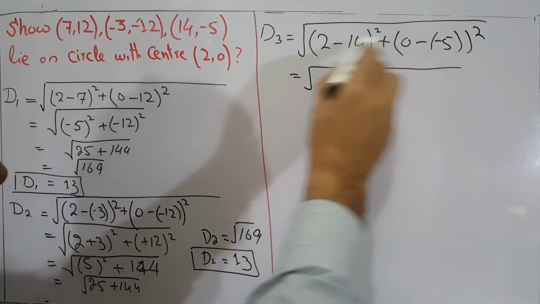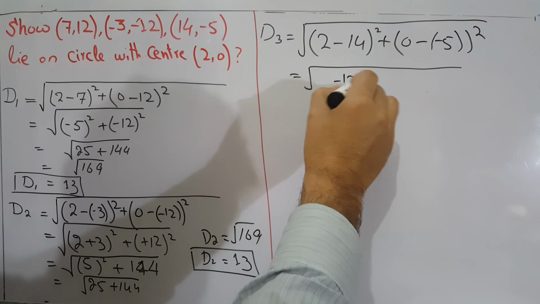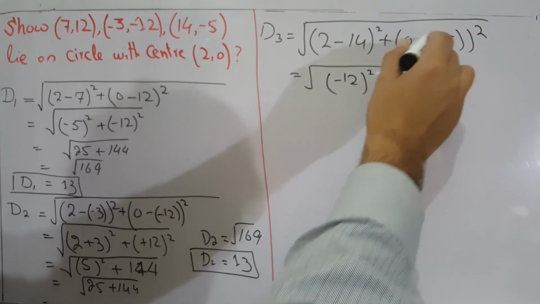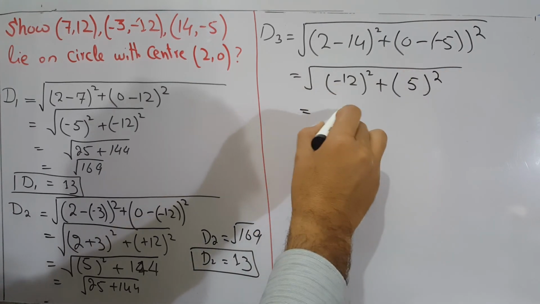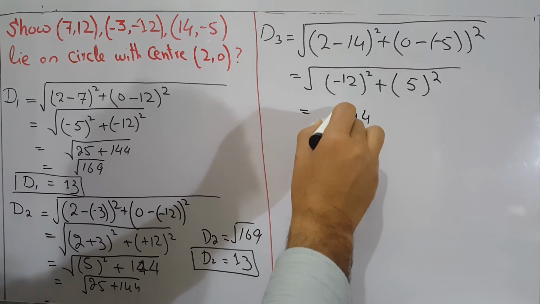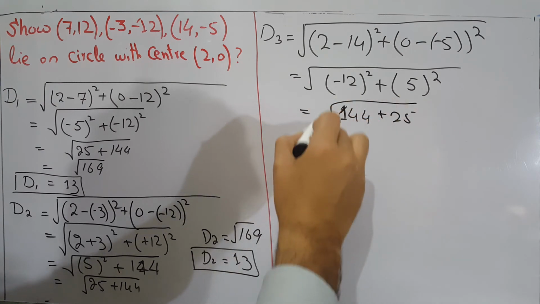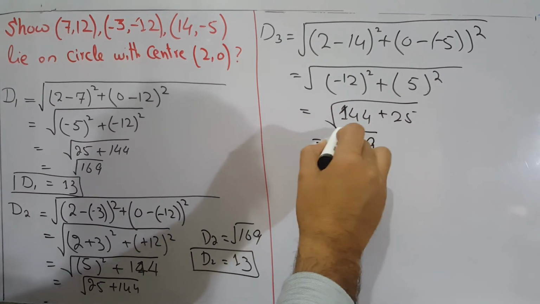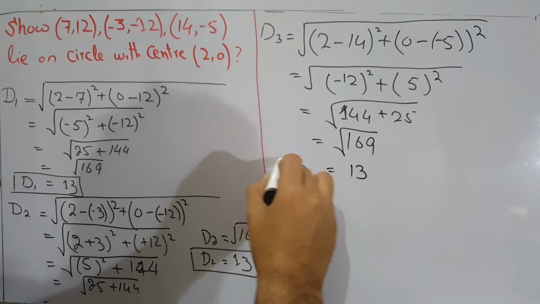You can see that 2 minus 14 gives you minus 12, whole square, and the minus minus gives you a plus 5 whole square. So this is 144 plus 25, which is 169, square root, and the third distance is also 13.